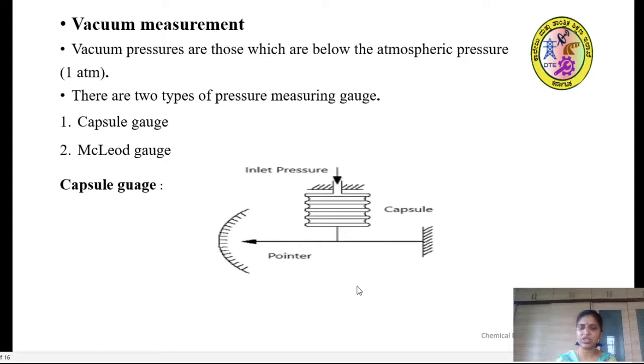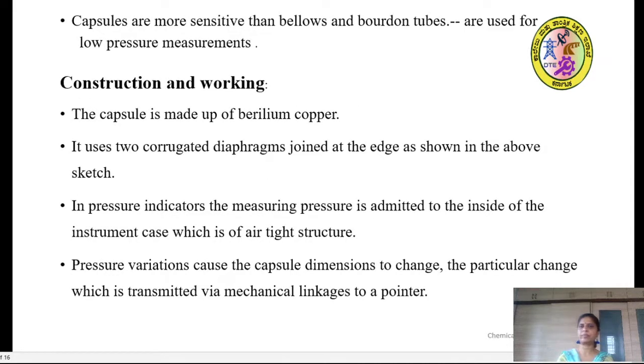It consists of the capsule connected with the pointer, and the pointer moves on the scale, which is calibrated in terms of the pressure. The capsules are more sensitive, very sophisticated instruments compared to the bellows and the Bourdon pressure gauge, and are especially used for very low pressure measurements. Usually it is made up of beryllium copper.